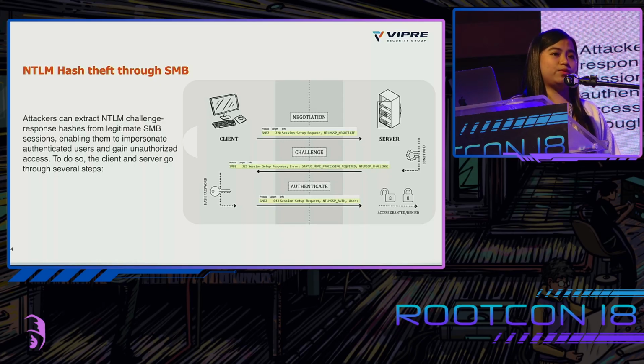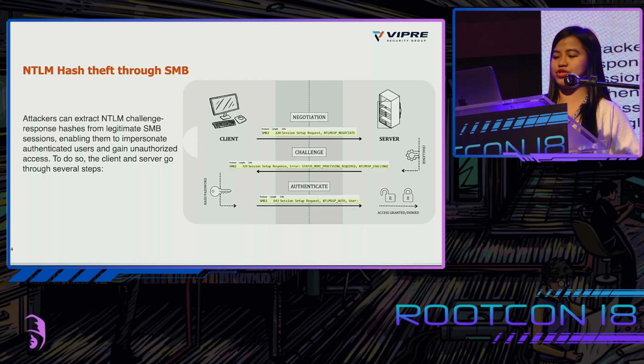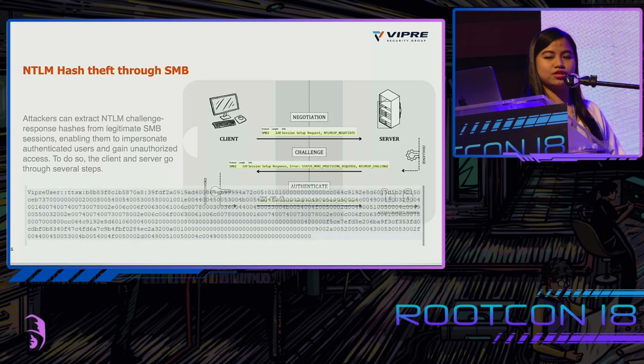So basically, when you create a password, the system doesn't actually store your password as is. It takes your password, runs it through what we call hashing, and makes a fixed length string of characters, which we call the NTLM hash.